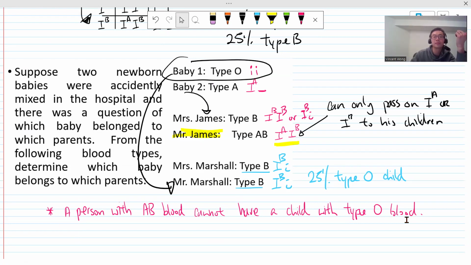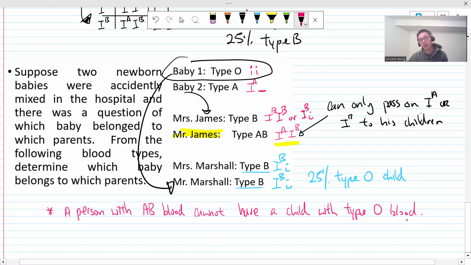A person with type A blood with IA IA cannot have type B blood. But if she marries someone who's AB, then it's possible, right? Okay. Anyone else?